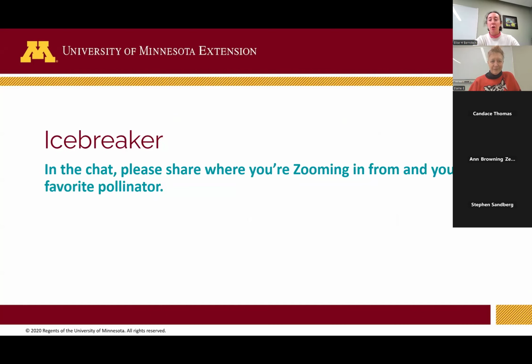And we want to get to know all of you as well. So we'll start with a quick little icebreaker. In the chat, please share with us where you're zooming in from and who your favorite pollinator is.